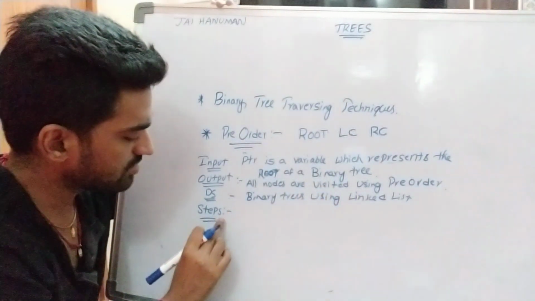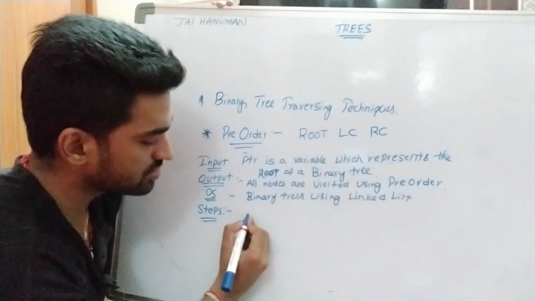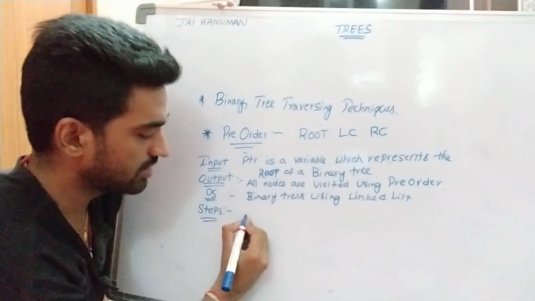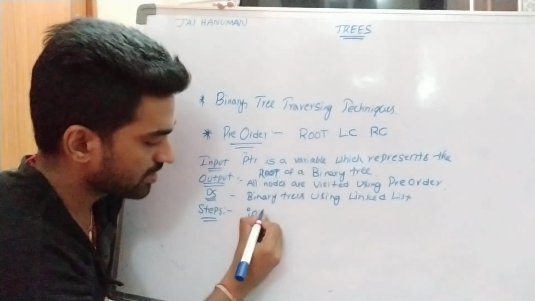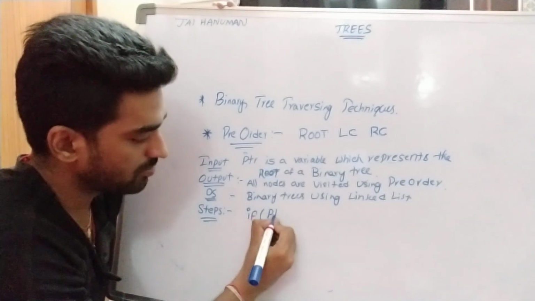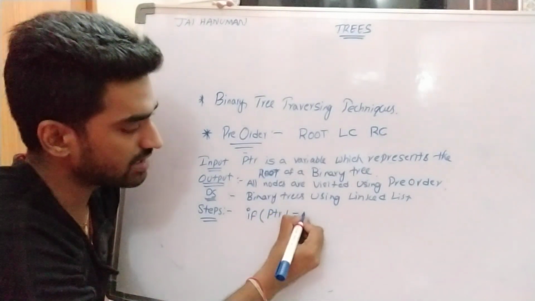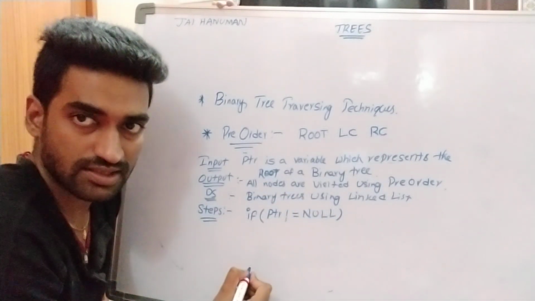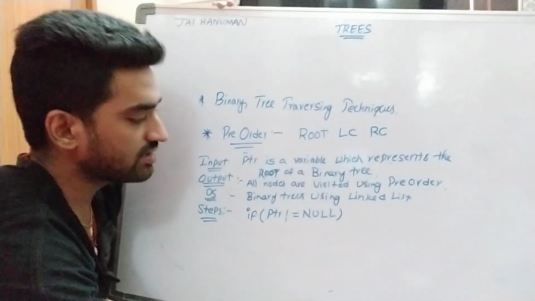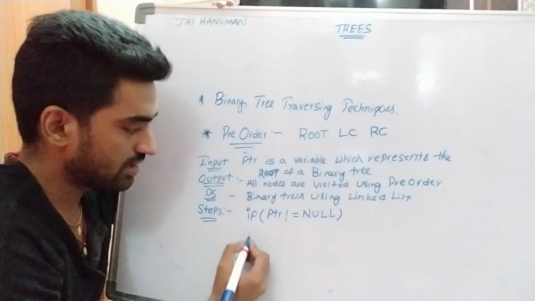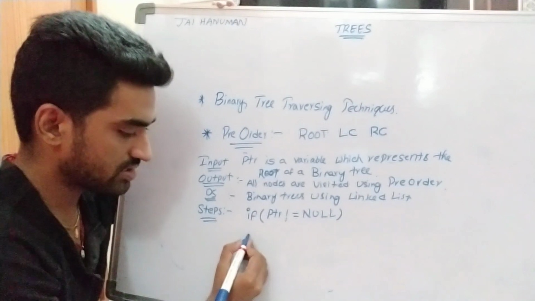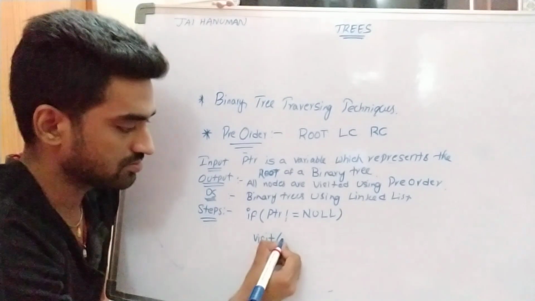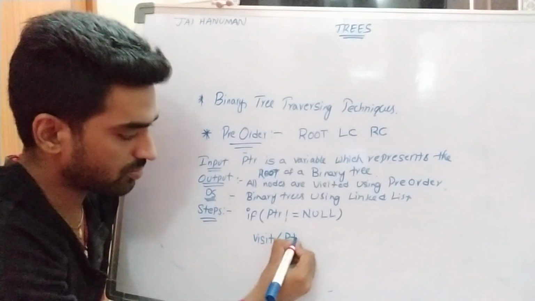So here then I am writing steps. So first of all, root is stored in a pointer variable, right? So here if pointer not equal to null, then first of all visit pointer.